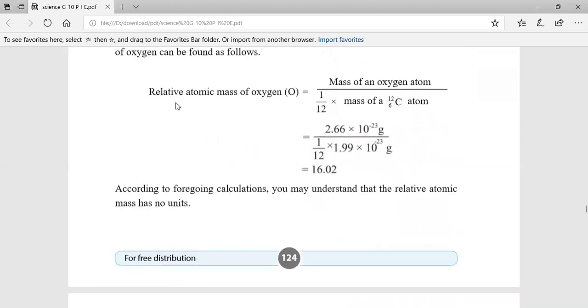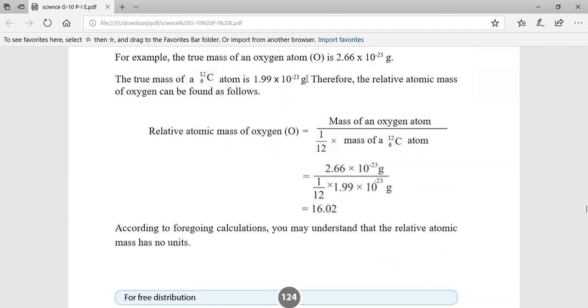Relative atomic mass of oxygen, and here 1/12 and the mass of a carbon-12 atom.